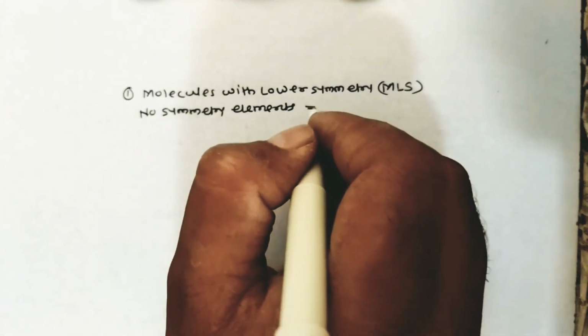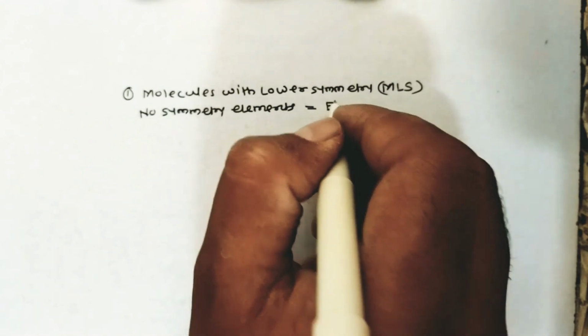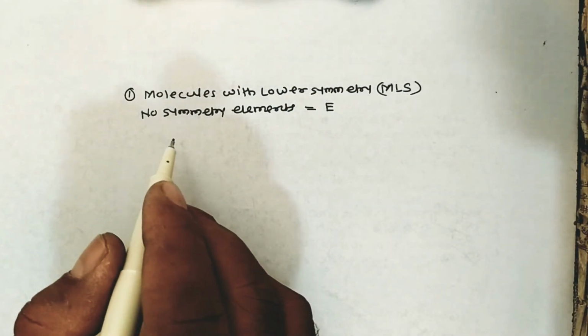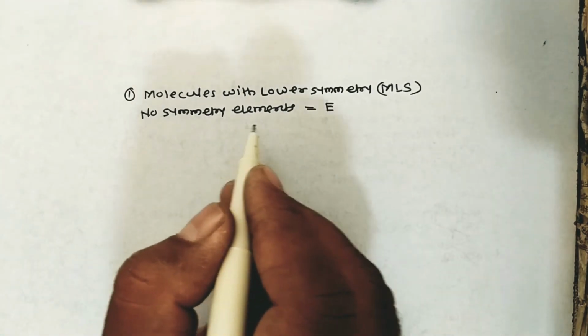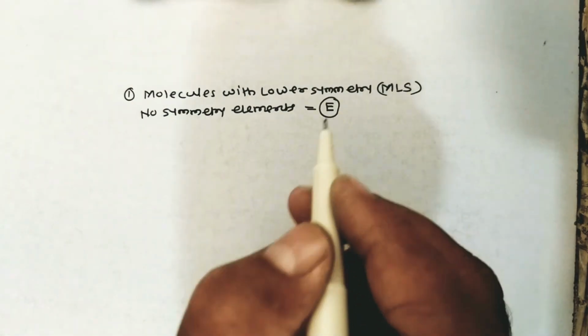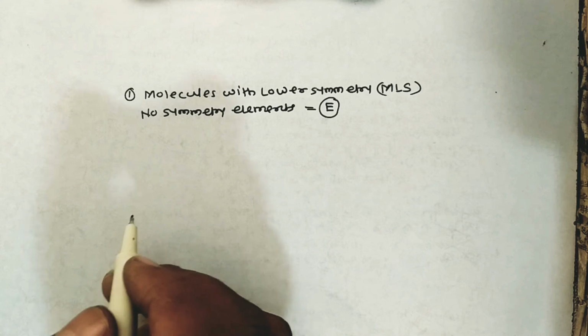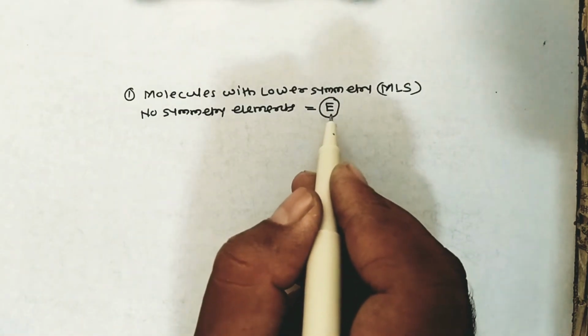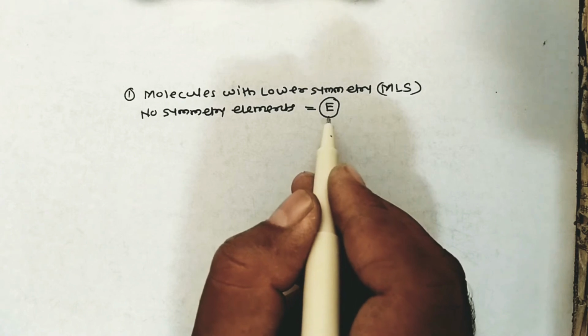It means that only the identity element is present. Always remember, when any molecule does not contain any symmetry element, it must contain the identity element, which is denoted by E. And every object on this earth has an identity element.